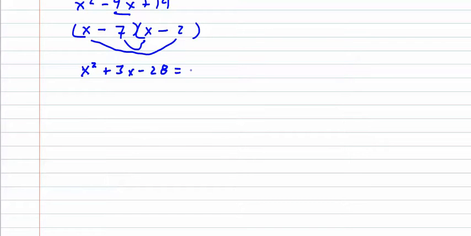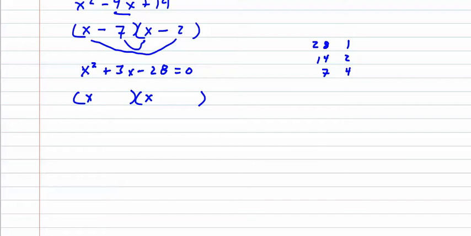And again, we could have 0 in there or not have 0. It's not going to change anything. All right, what times what gives us x squared? X and x. Now 28, we could use 28 and 1, 14 and 2, 7 and 4, and that's it.